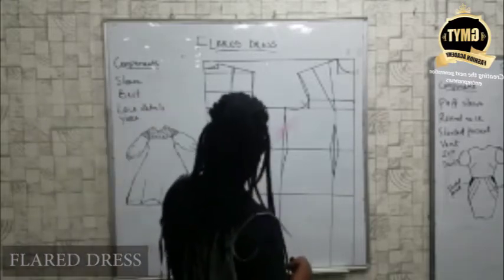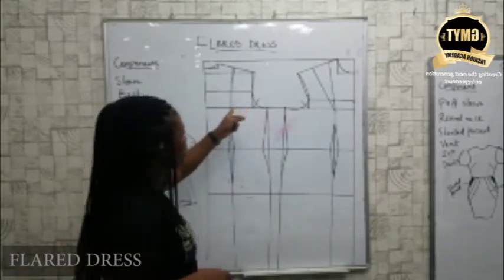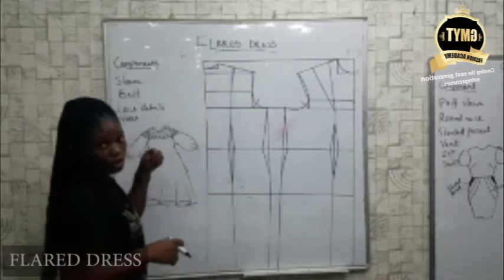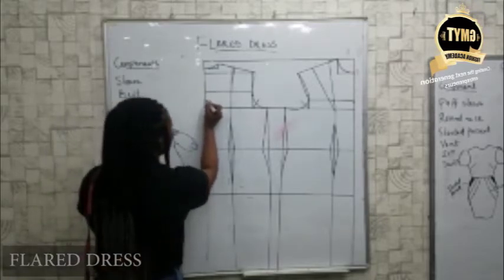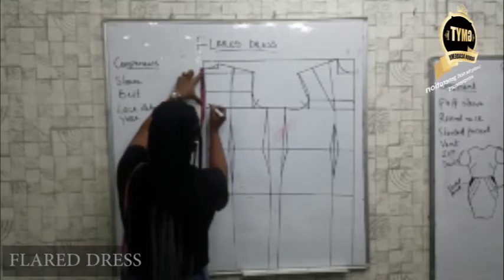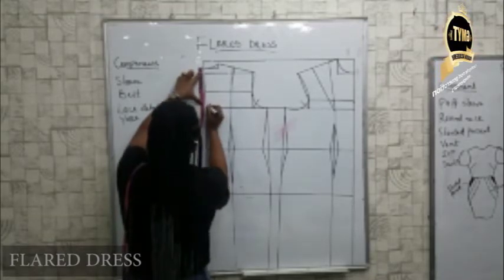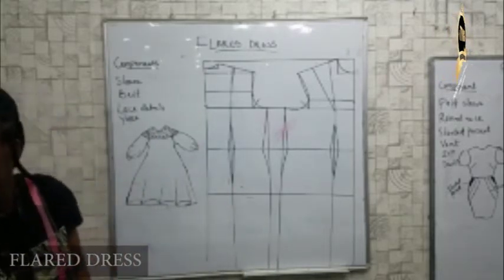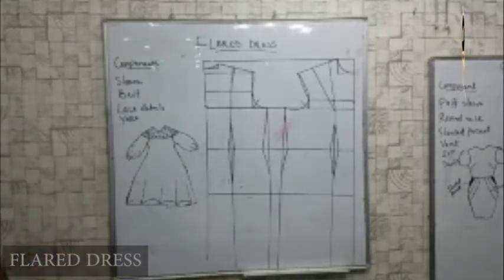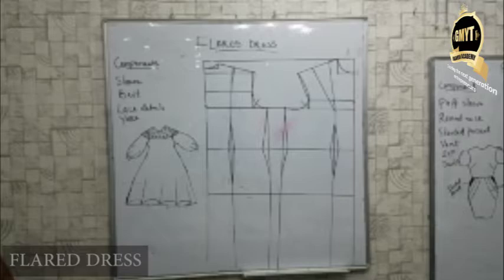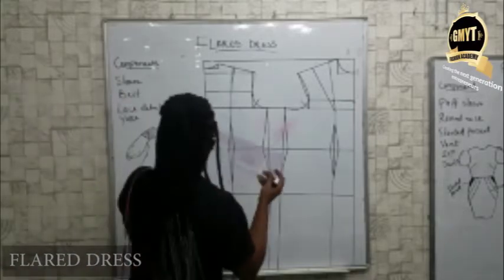Then I come to the back and mark my yoke point as well. You know I've already marked the point at the armhole. Now I'm going to mark the yoke depth. So my yoke depth for back, let me do 18 cm.